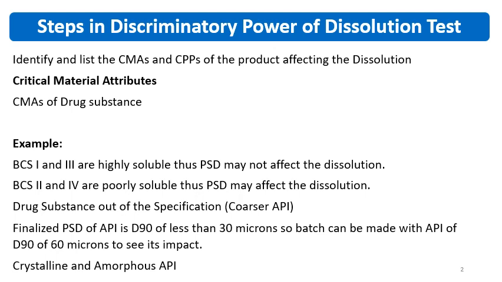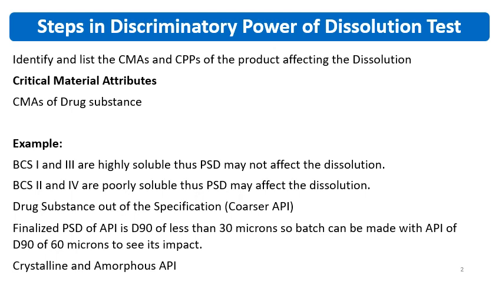If your formulation contains a BCS class 2 or 4 drug, these are poorly soluble and thus the particle size may affect the dissolution. At that time you should use the drug substance which has a particle size out of the specification. For example, you have finalized the PSD of API, that is D90 less than 30 micron.